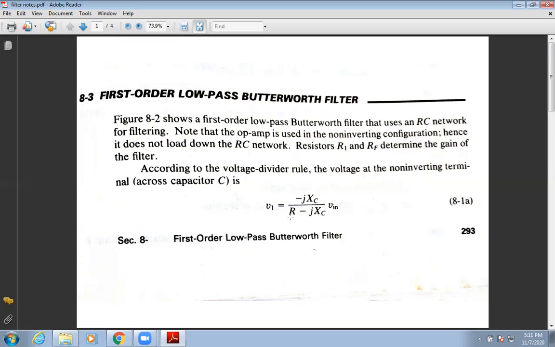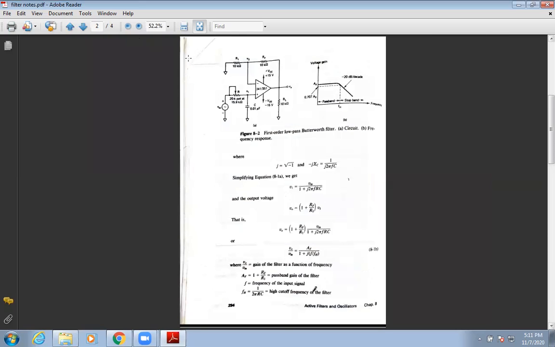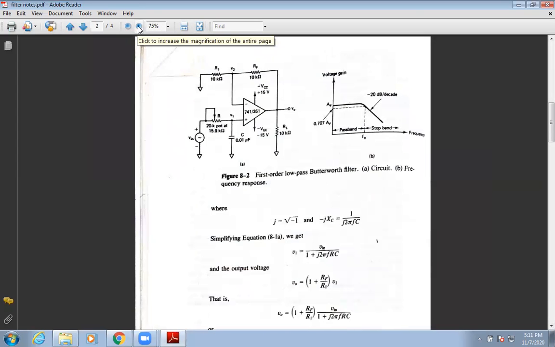Here we are using the voltage divider rule, which we have already studied in previous lectures. Where j, as we know, is equal to under root minus 1, and minus j XC is equal to 1 upon j 2 pi fC, where f is the input frequency and C is the capacitance of the capacitor.